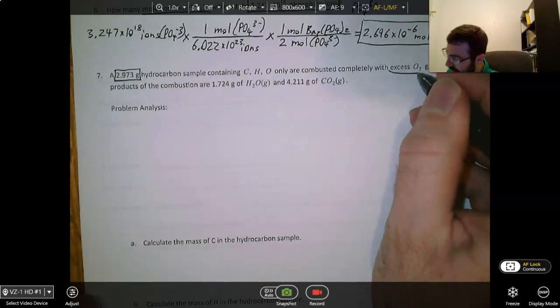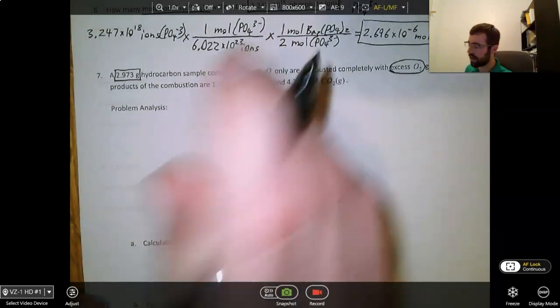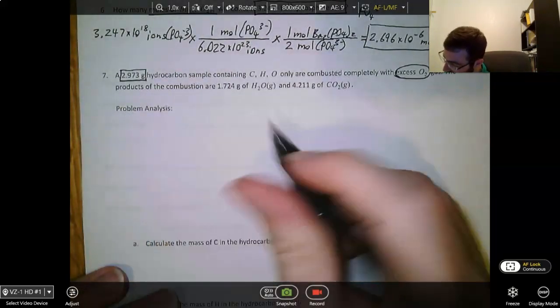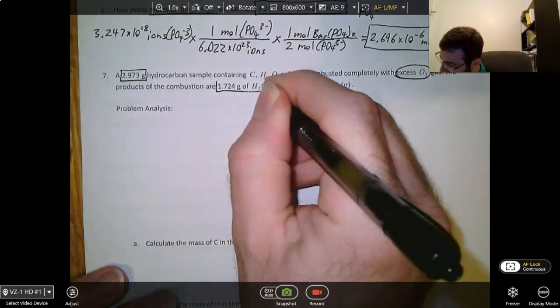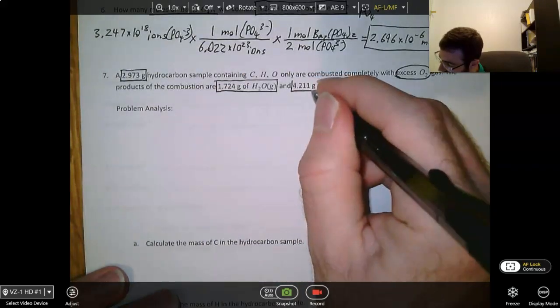That means I've got more than enough oxygen, and my hydrocarbon is my limiting reactant. The products of the combustion are 1.724 grams of H2O and 4.211 grams of CO2.